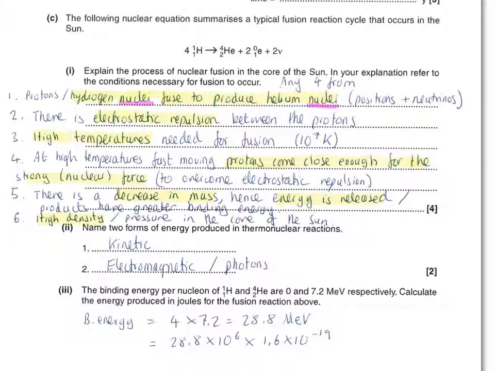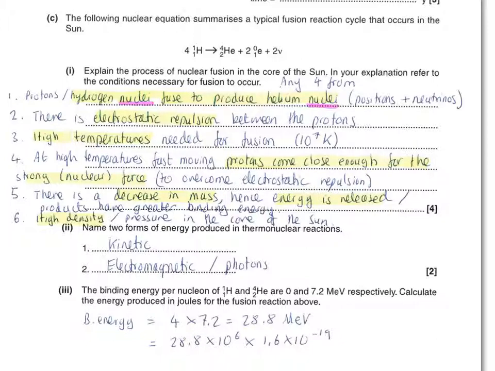And at these high temperatures, the protons will be moving fast enough to enable them to get close enough so that the strong nuclear force can come into play and overcome the electrostatic repulsion. Remember that the strong nuclear force is a very short-range force.